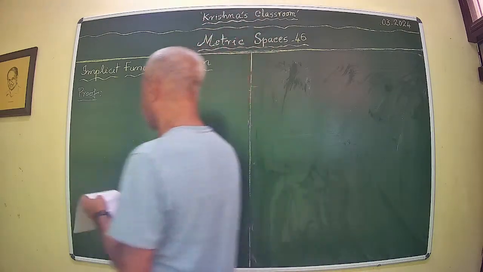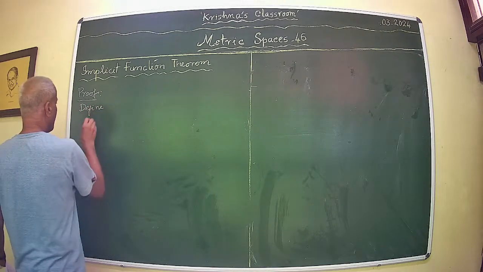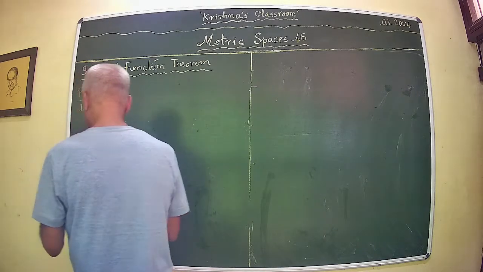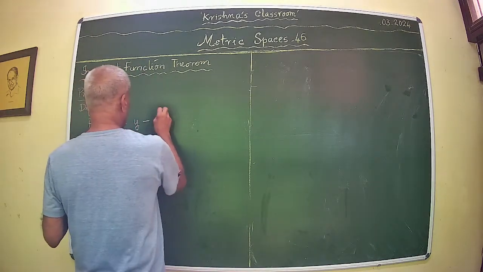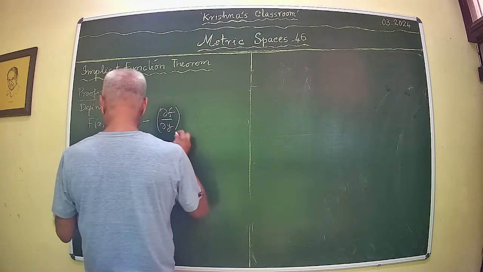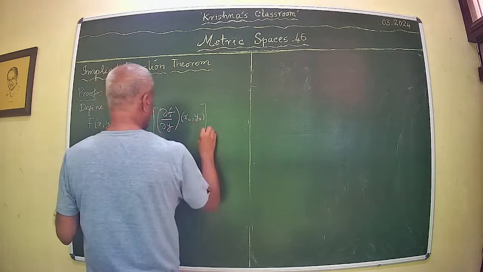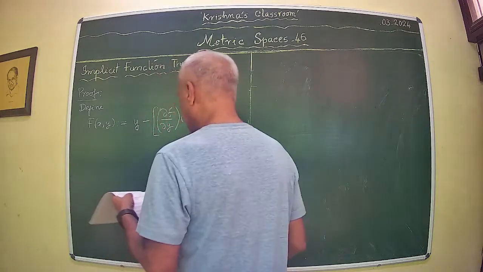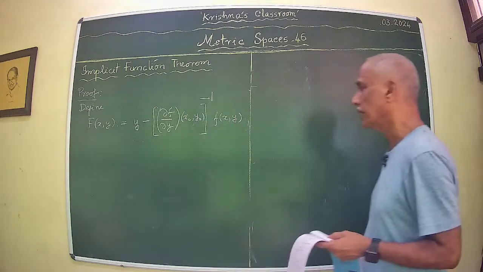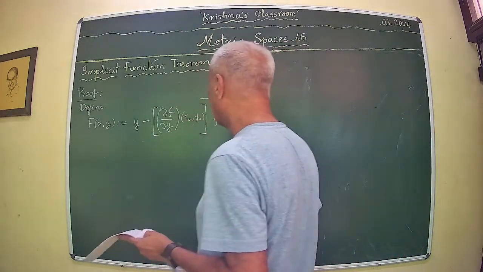So we define the form. Inverse of that. And you know that this is fine because df by dy is not equal to 0.